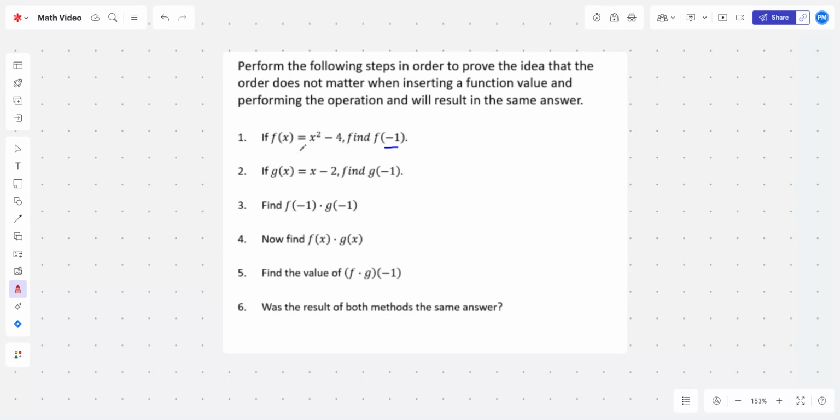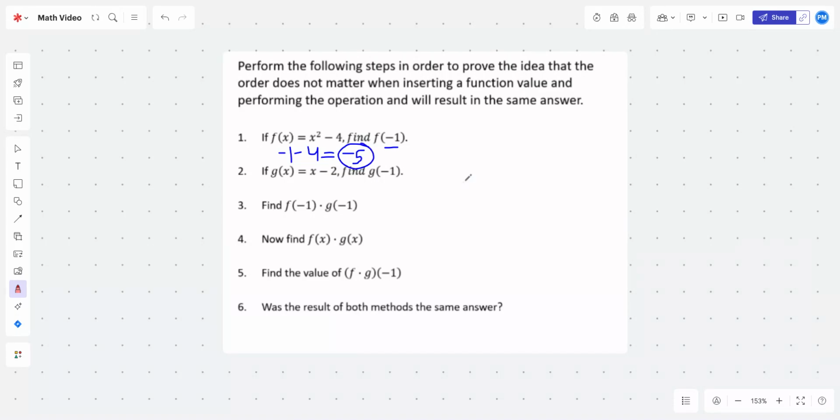There's something here, though, that if it's a negative, it sometimes changes to a positive, so I can't ever remember what. So it's 1, subtract 4, which is negative 3. So f of negative 1 is negative 3.